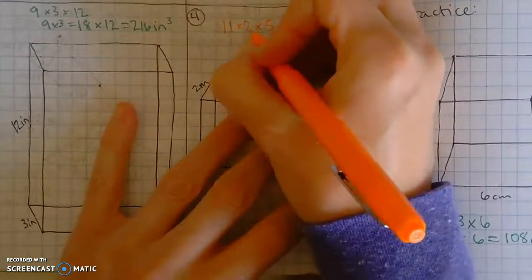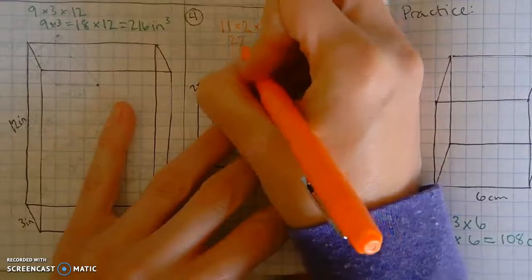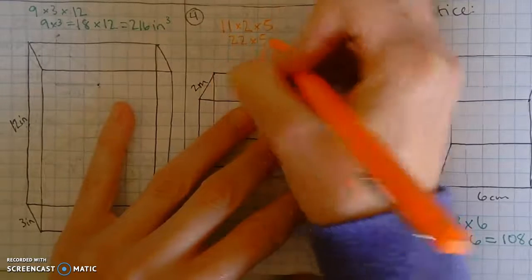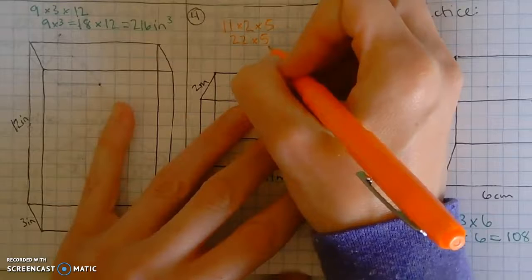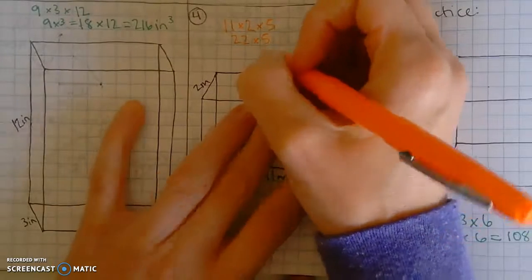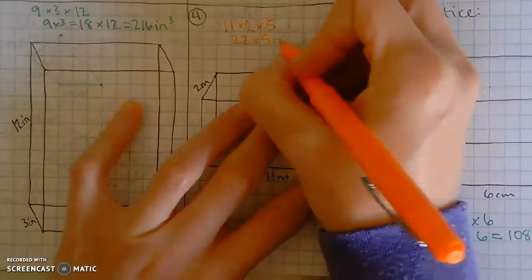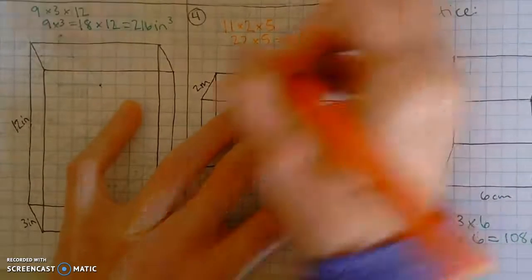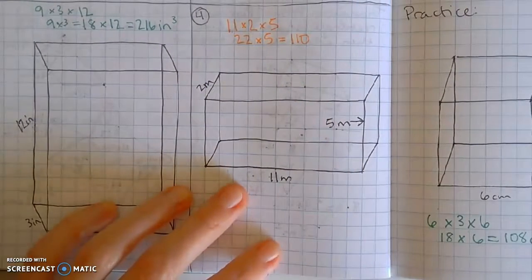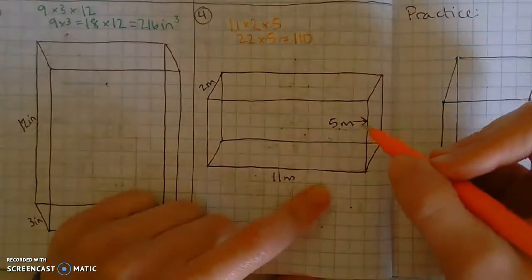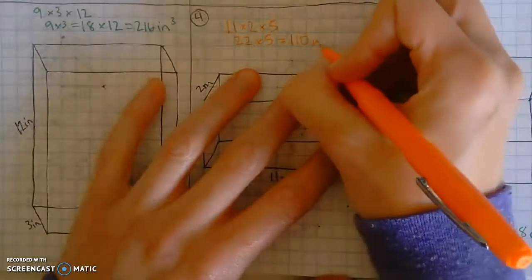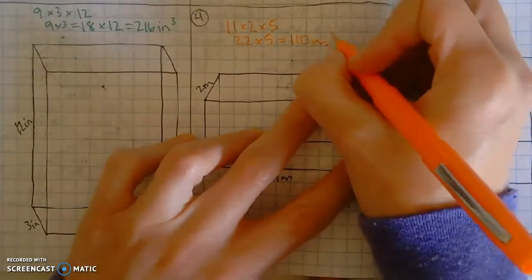So 11 times 2 is 22 times 5. Well, 20 times 5 is 100, and then 2 times 5 is 10. So I'm guessing it's going to be 110. Let me double check. Never hurts to double check. I am correct. And my unit of measure is meters. And I'm going to say cubed.